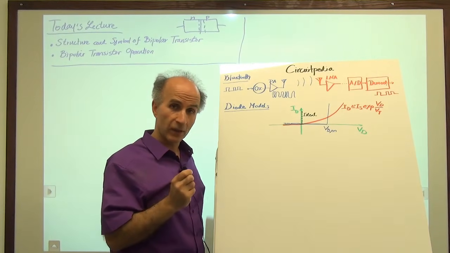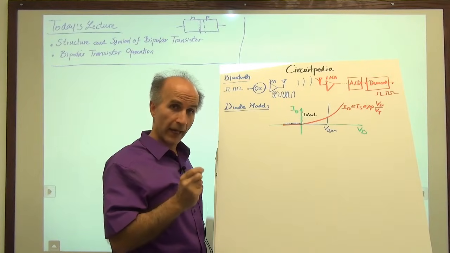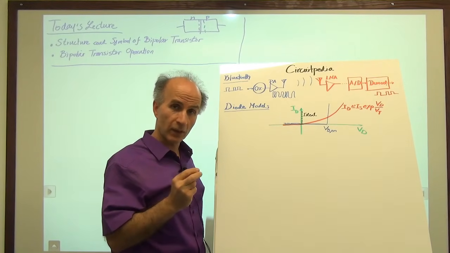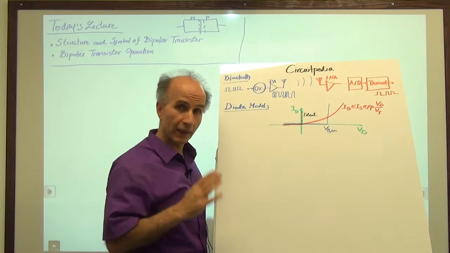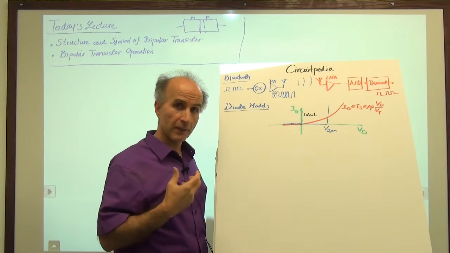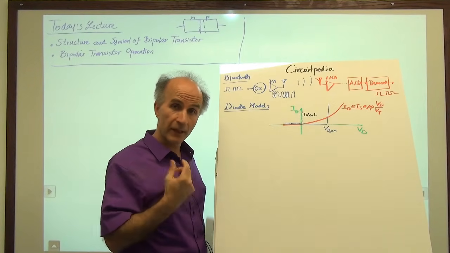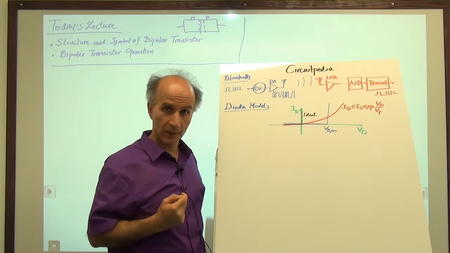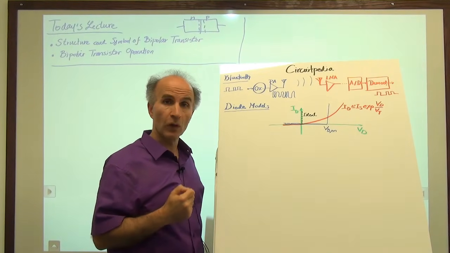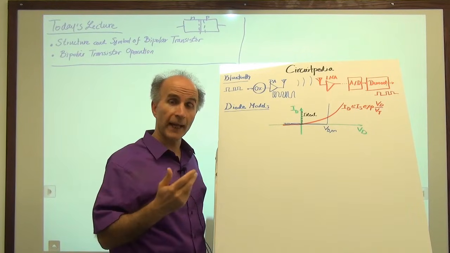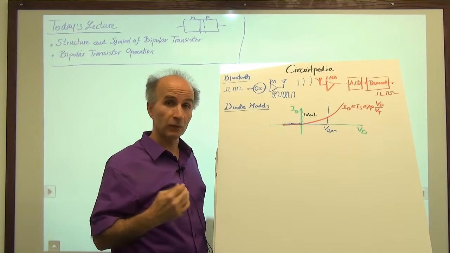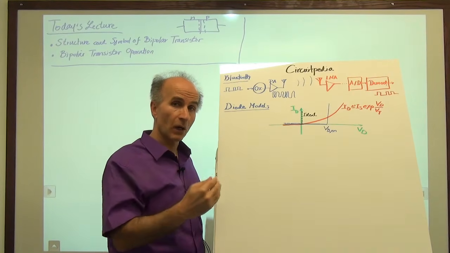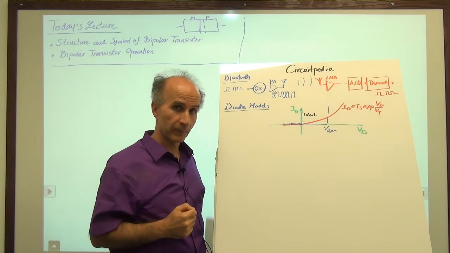So amplification is an essential and very useful operation in almost all electronic circuits. The concept of being able to amplify a signal is critical to every electronic system that we study here. So naturally, we want to build amplifiers, and we will spend a great deal of this course on building amplifiers.